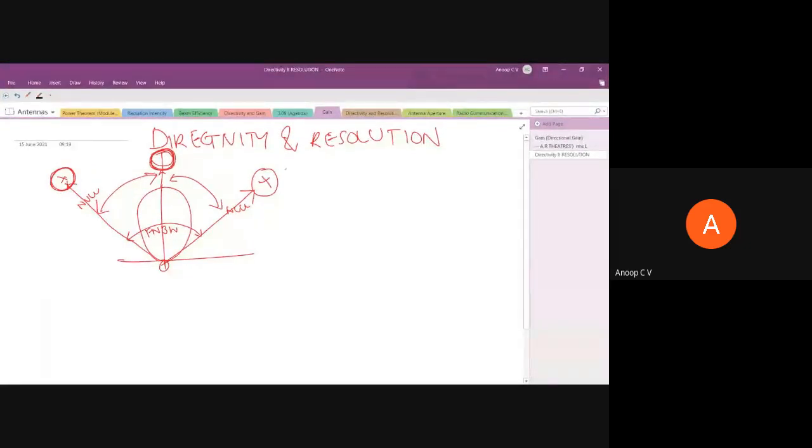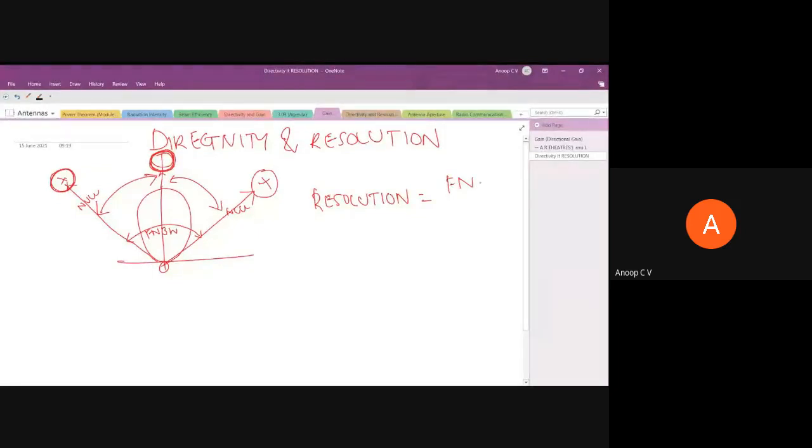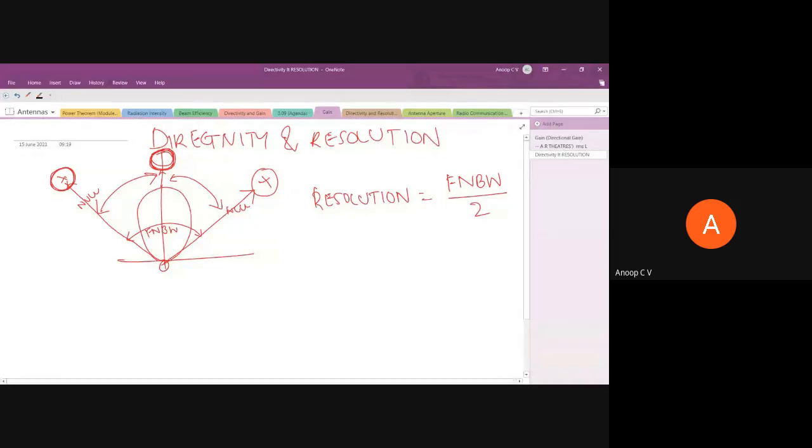That is why resolution is equal to first null beam width divided by 2.